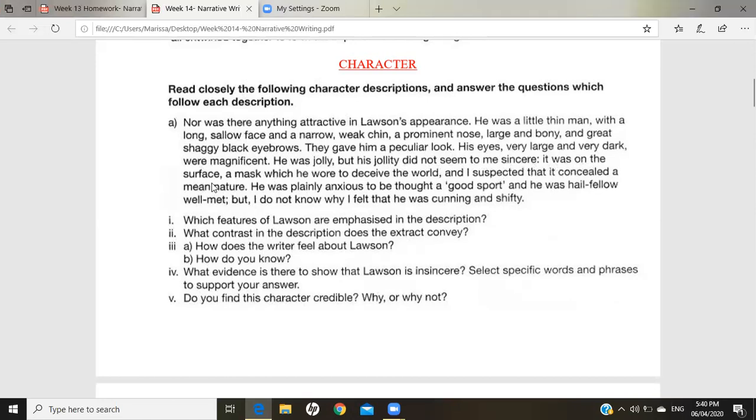It was on the surface a mask which he wore to deceive the world, and I suspected that it concealed a mean nature. He was plainly anxious to be thought a good sport, and he was hail fellow well met, but I do not know why I felt that he was cunning and shifty. So take your 2 minutes and jot down your responses, and I will be calling on you all for us to explore what we think about Lawson.